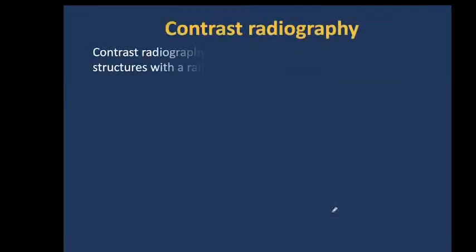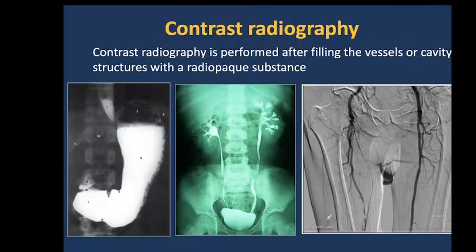The next picture shows that most internal organs absorb X-rays at a very small rate, and to see an individual organ on a radiograph, we need to fill these organs, like the stomach here, with a special radiopaque contrast substance.